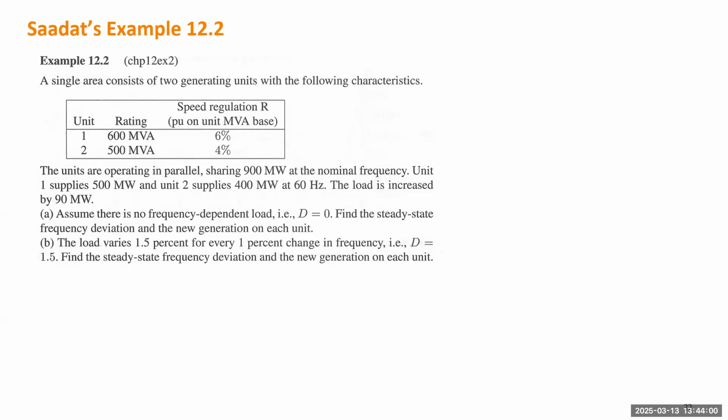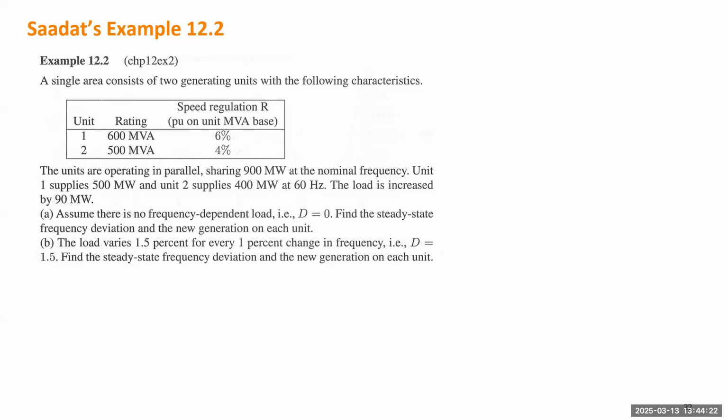If the power change is estimated based on the per unit value, we need to be careful to check which base is used for each unit, because the two units may have different ratings, so we have different base values. So we may have to define a common base to recalculate those per unit values.